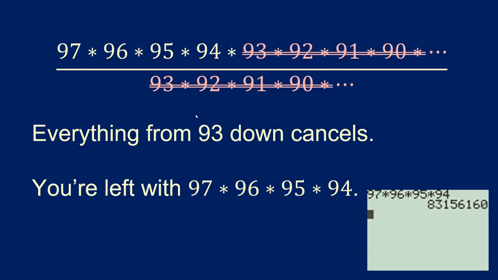Everything from 93 on down is going to cancel. And what's left is just four numbers that have to be multiplied together. I still get a big number, but it's not so huge that my calculator can't work out what the answer actually is. We get like 83 million and some change for our final answer on this.